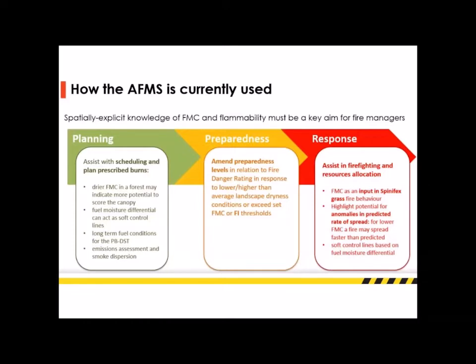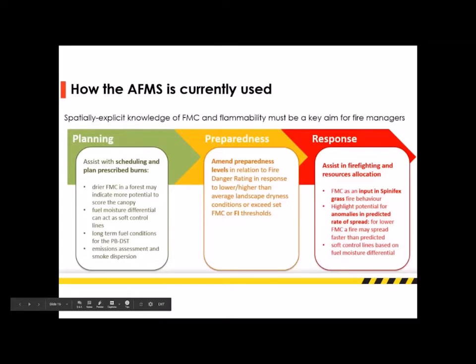Then it gives you an idea of how dry the canopy is, and with that, what is the potential of the canopy to be scorched when they do prescribed burns. For preparedness, this information can be used to amend the preparedness levels in relation to fire danger rating in response to lower or higher than average landscape dryness conditions.